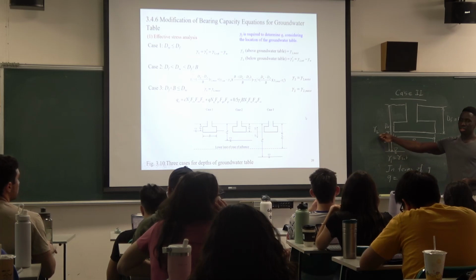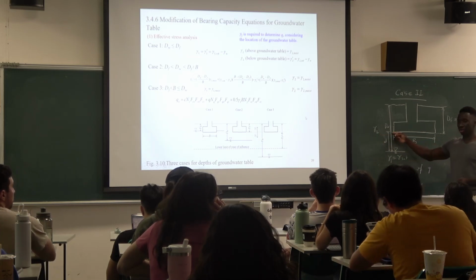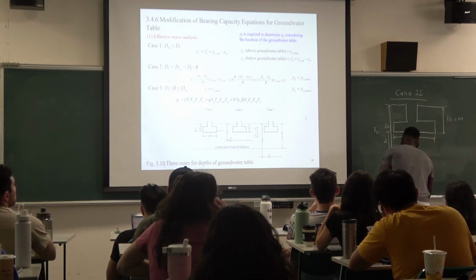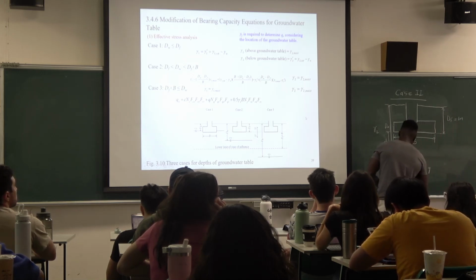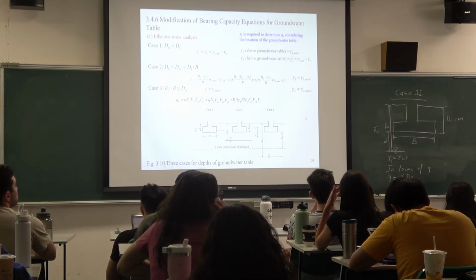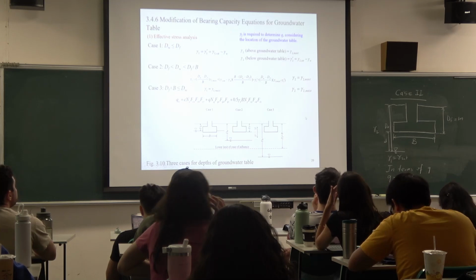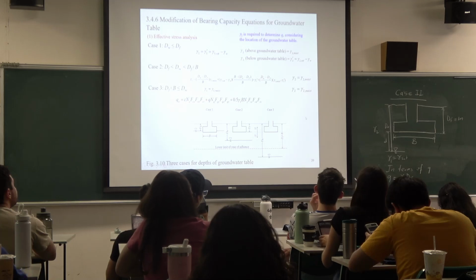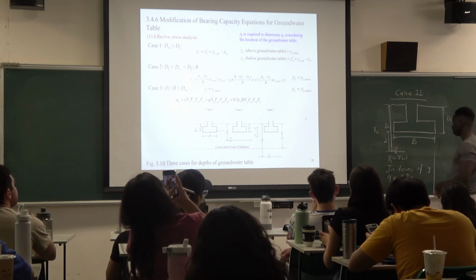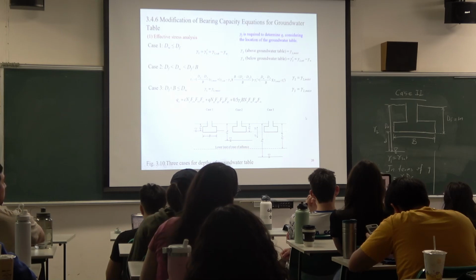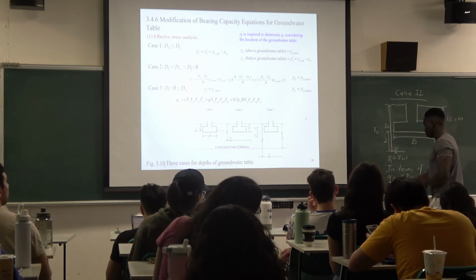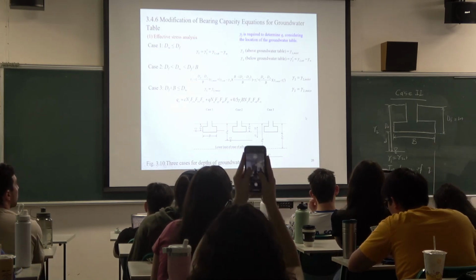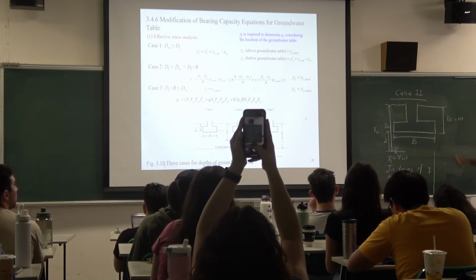What is that? Gamma 2, right? So it's the unit weight from here to here. So to calculate this, we say gamma 2 multiplied by dF. Okay. It's actually quite straightforward for that one. Okay. So in terms of Q, it's going to be gamma 2 multiplied by the depth of the foundation here.